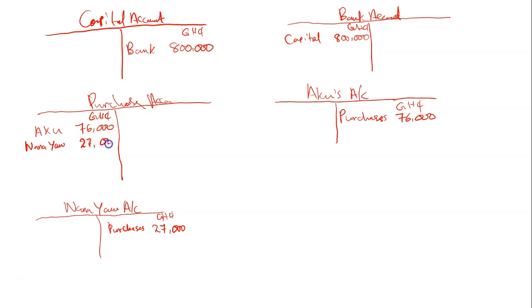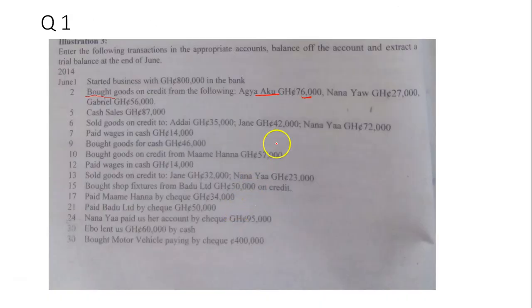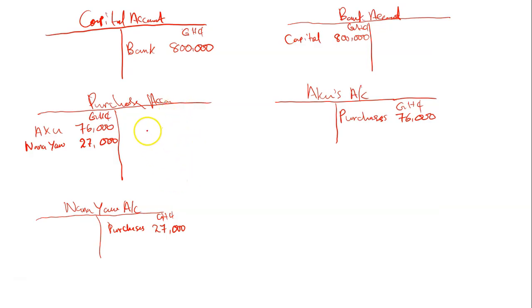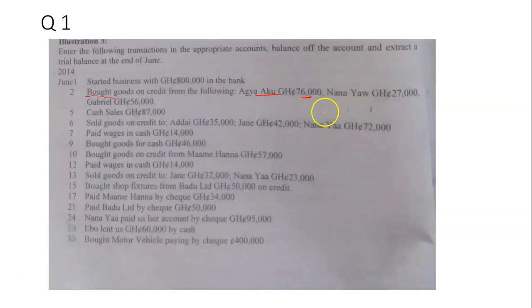27,000 Ghana cedis. Now the third one says Gabriel, 56,000. For Gabriel, we create Gabriel's account and purchases account, but we already have the purchases account, so we only create Gabriel's account. Now, you purchase goods from Gabriel.